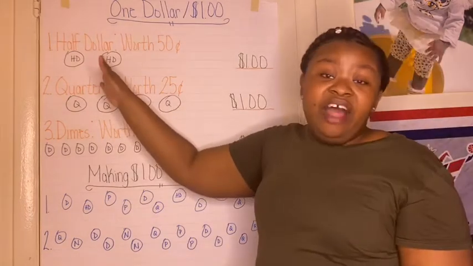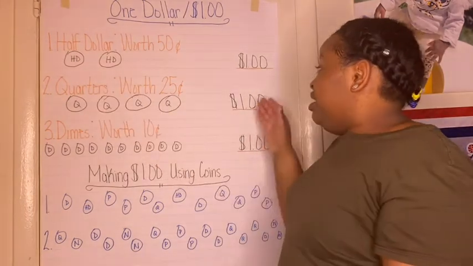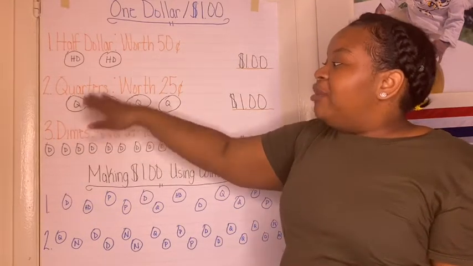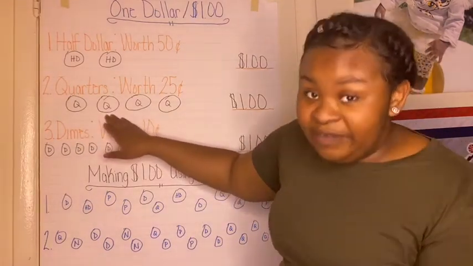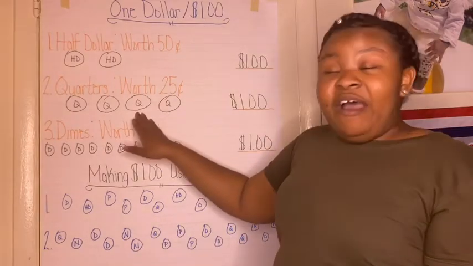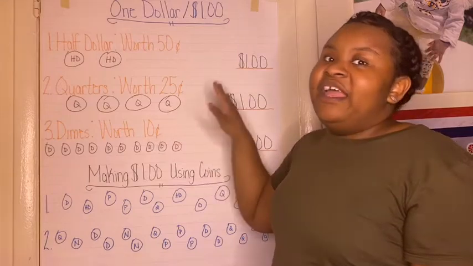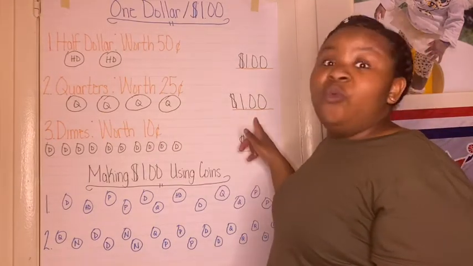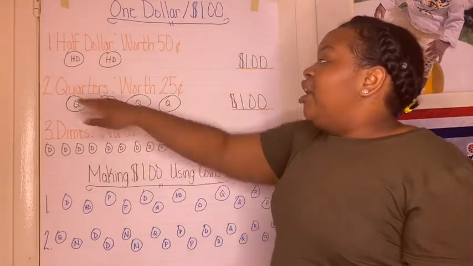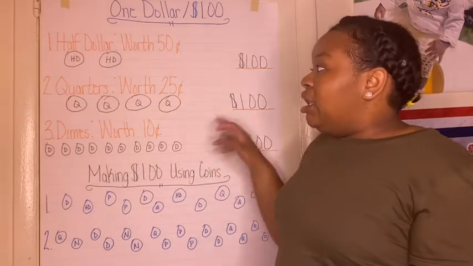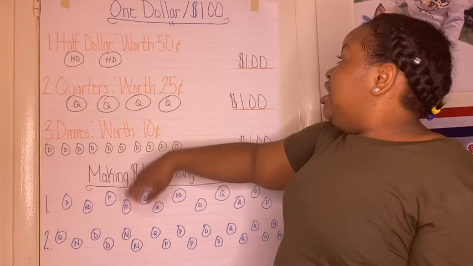Then that gives me my other half dollar, which then gives me $1. Or if I do 25 plus 25, which gives me 50, and then I do another 25, which gives me 75, and then I add another 25, that's always going to give me $1. So remember, 4 quarters equals $1. 2 half dollars equals $1.